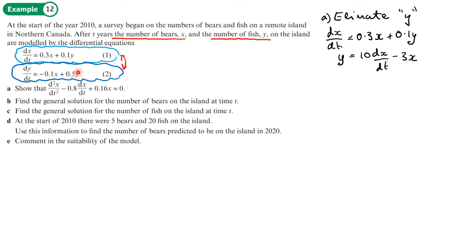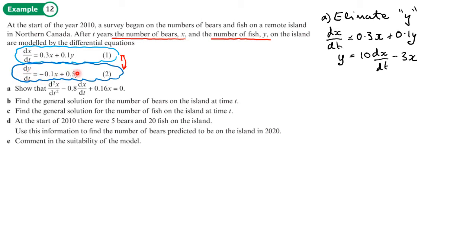So that will allow me to eliminate y in the second equation, but I also need to eliminate dy/dt. Now that's why I actually made y the subject of this first equation and not the second equation, because I want to get rid of the y and the dy/dt.